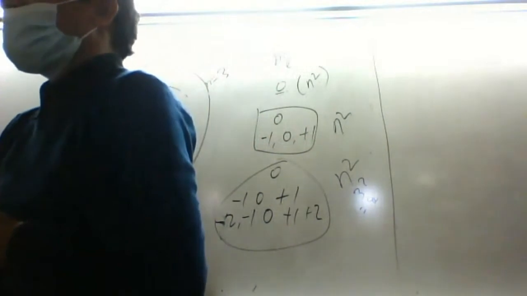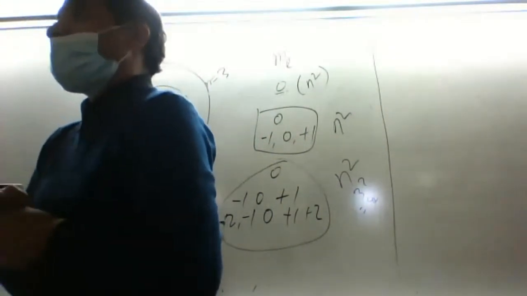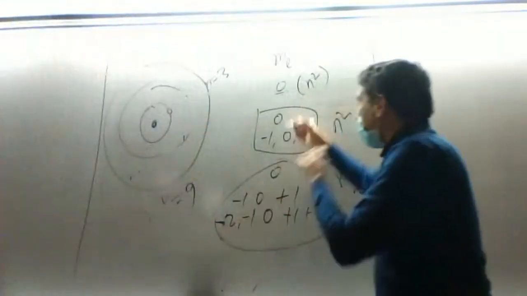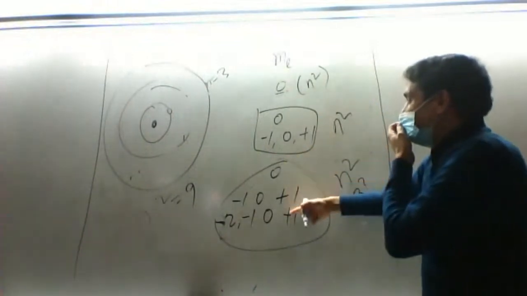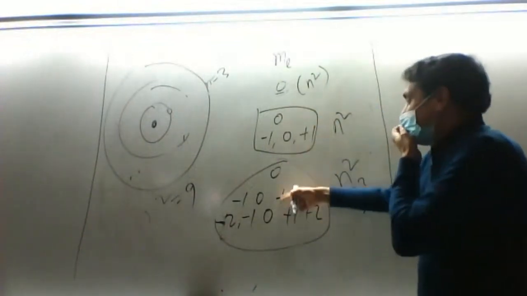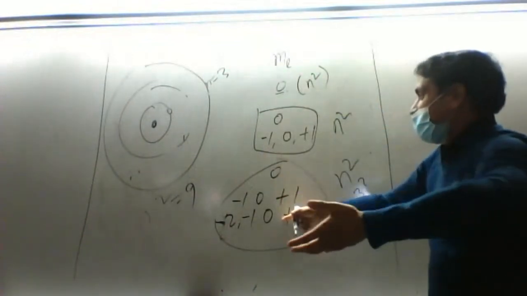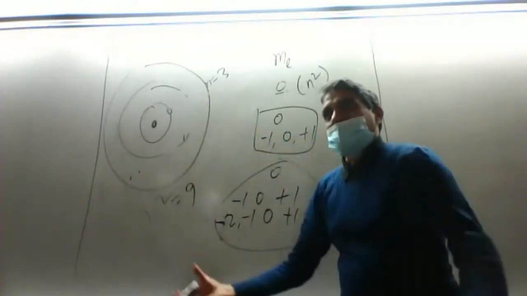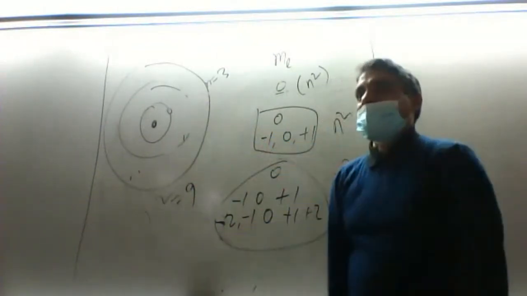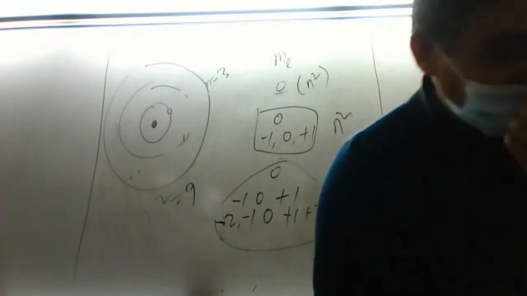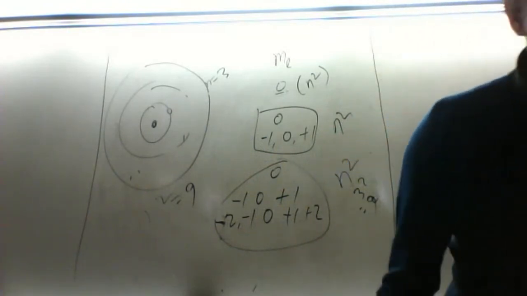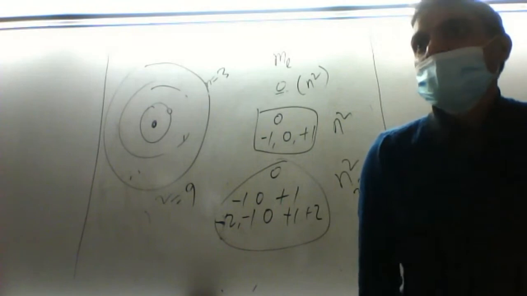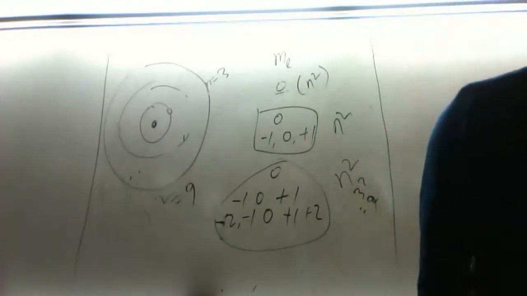Make sense? So how many orbitals, how many magnetic quantum number values, are possible can be calculated just by knowing the principal quantum number and squaring it. That is what they are talking about in slide number 3. I think if you practice it, it will make sense.